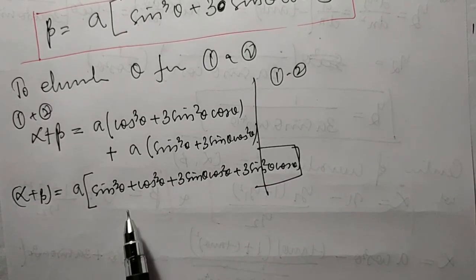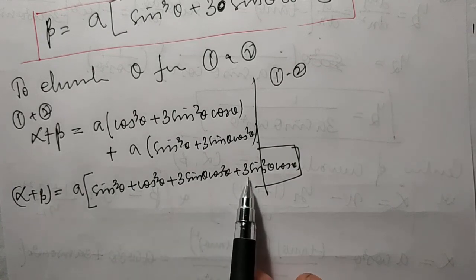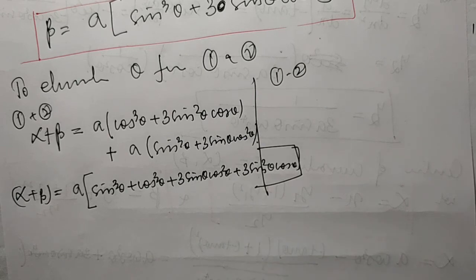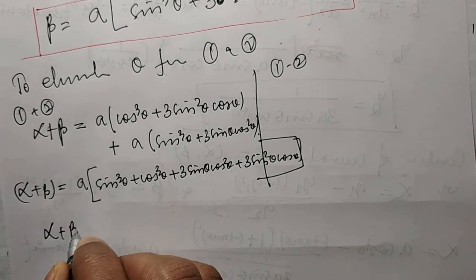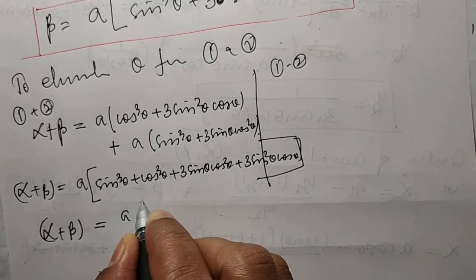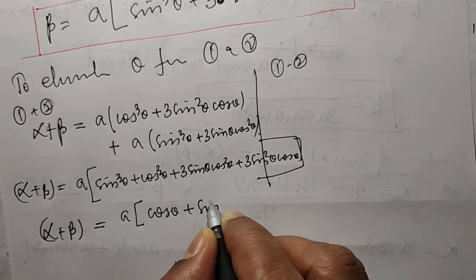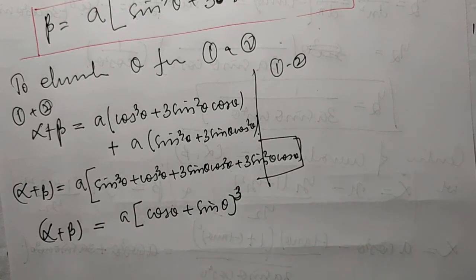What is it? a cube plus b cube plus 3ab square plus 3ba square. So this is nothing but alpha plus beta is equal to a into cos theta plus sin theta raised to 3, means it is like a plus b whole cube.